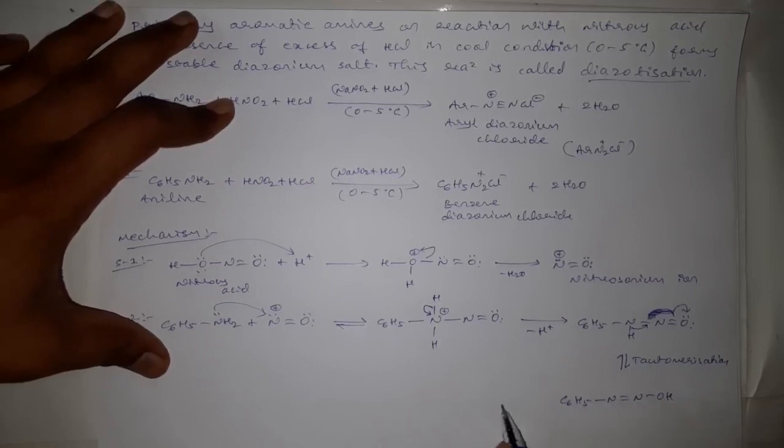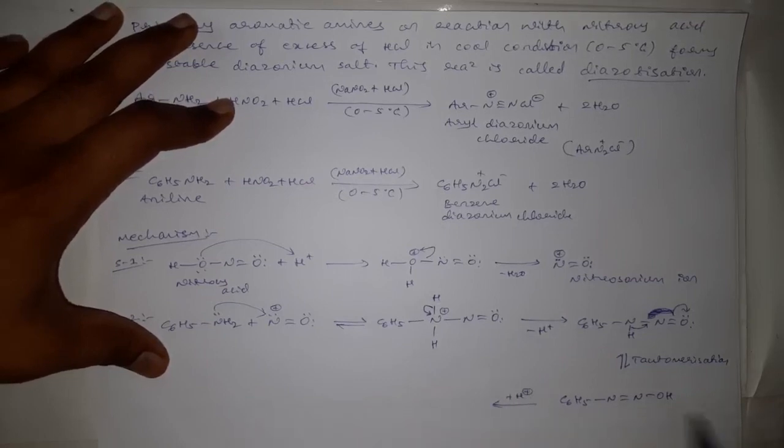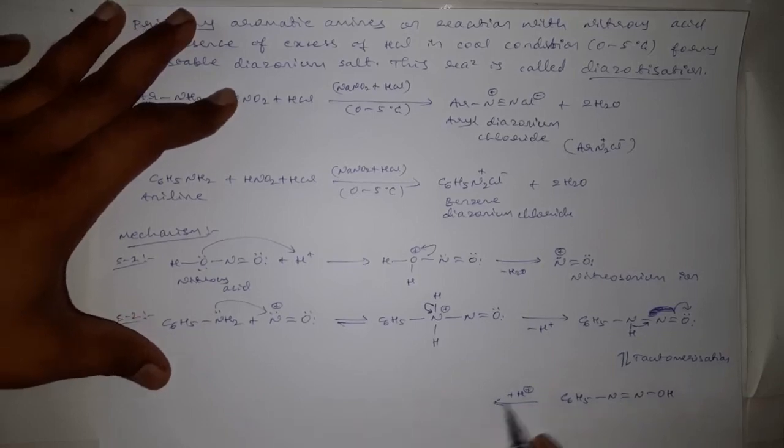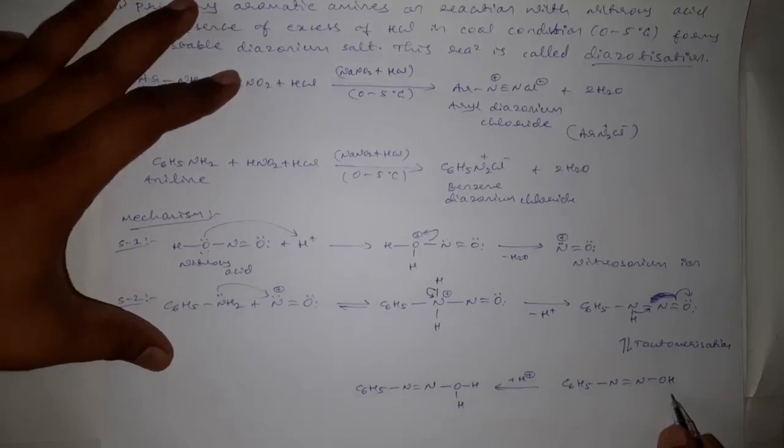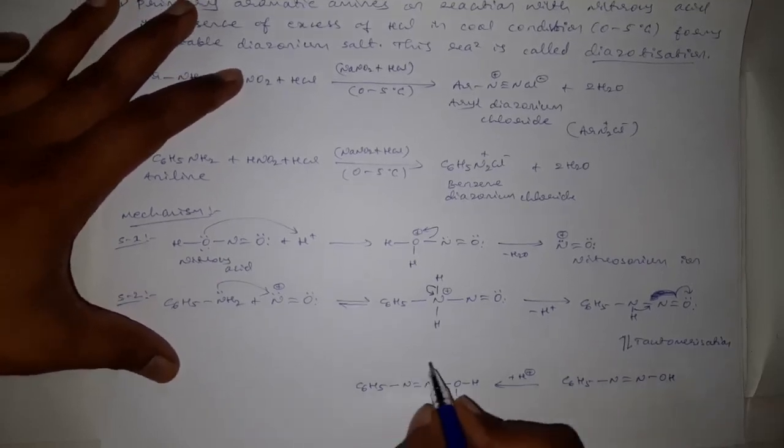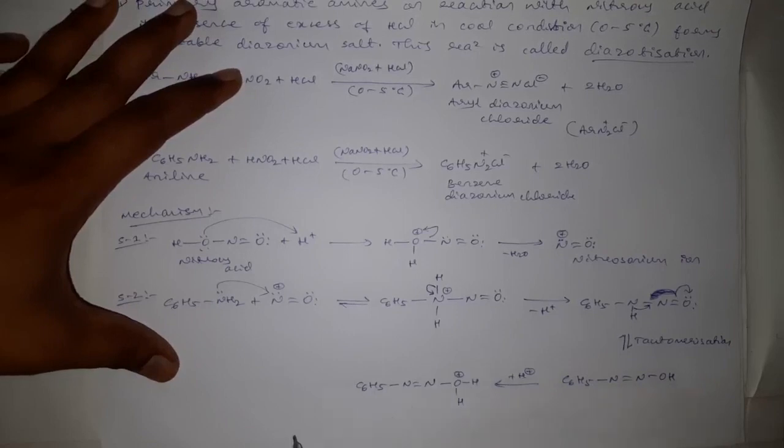Okay, and next step, protonation takes place, that is the addition of H plus ion by using the excess amount of hydrochloric acid, C6H5N, double bond N, OH, H. Here protonation will take place, and oxygen will get a positive charge, and as this oxygen is having more electronegative character as compared to the nitrogen, to get stability, it will drag these bonded pairs of electrons towards itself and go out from the reaction as H2O.